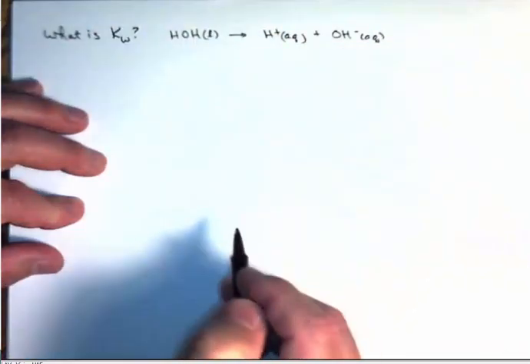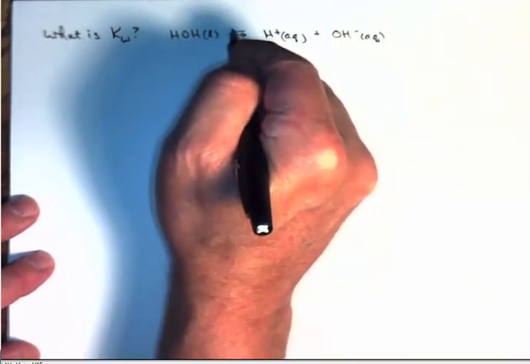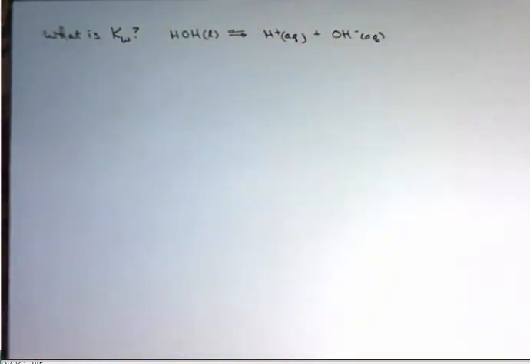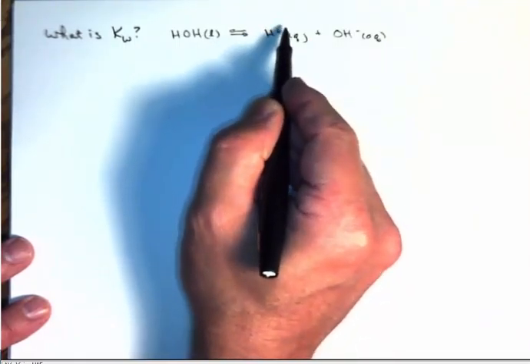Okay, so if we're at 20 degrees C, and this is a reversible reaction, it's going both ways. There's an equilibrium here. At equilibrium, at 20 degrees C, we know what the concentration of hydrogen ions is.